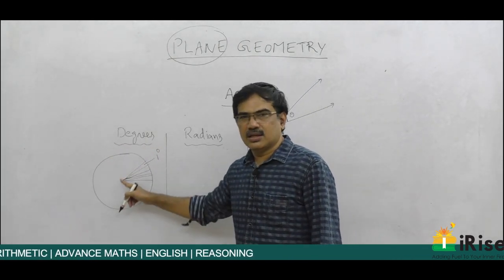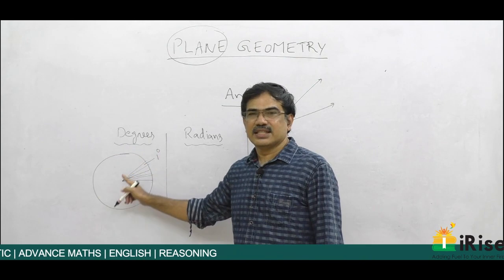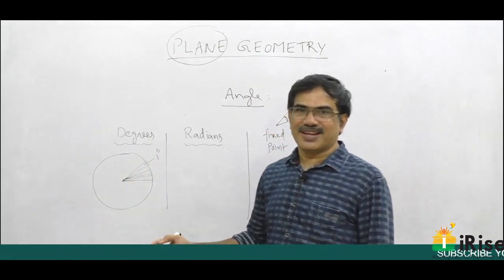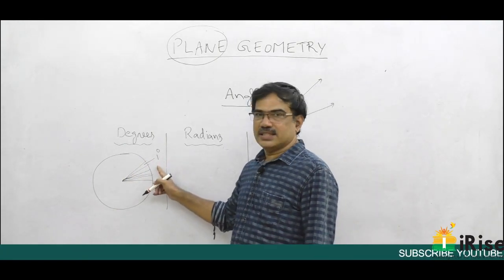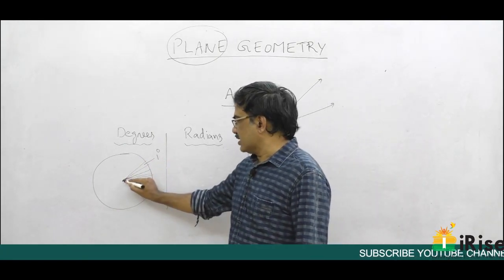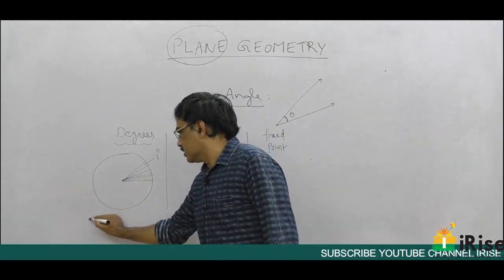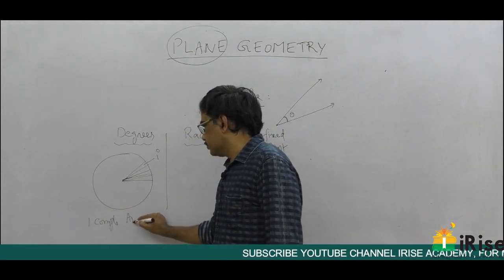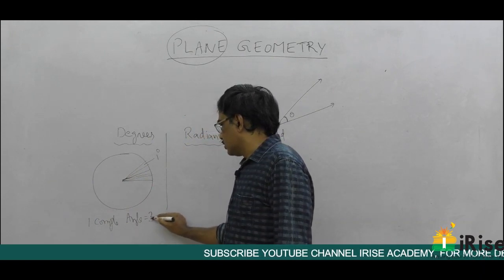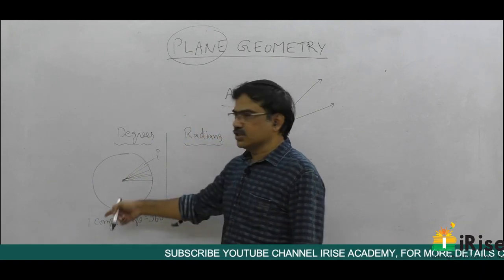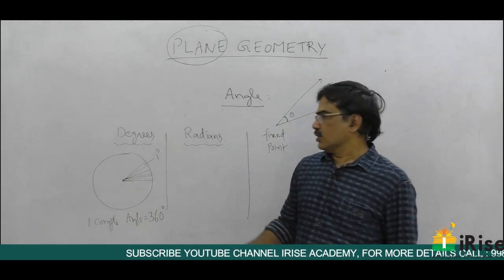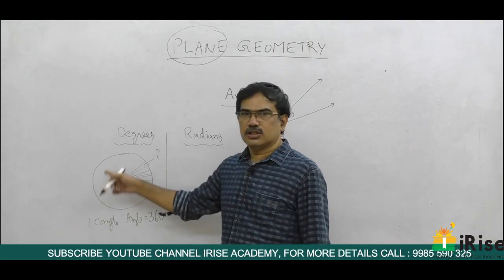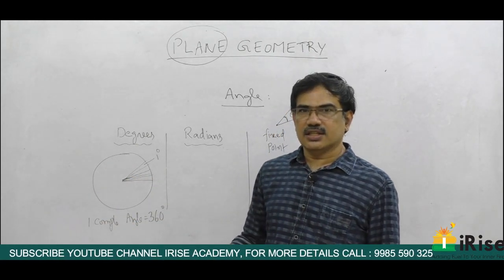Then each part is called 1 degree. Therefore, what is the complete angle at the center of the circle? One complete angle is equal to 360 degrees. At the center of the circle, the total angle is 360 degrees.